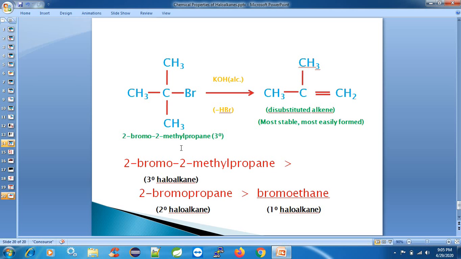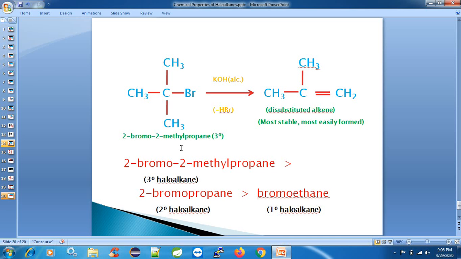So from this it is clear that the rate of dehydrohalogenation of different haloalkanes follows the order: tertiary haloalkane forms the alkene at a faster rate in comparison to secondary, and secondary haloalkane forms the alkene at a faster rate in comparison to primary haloalkane or primary alkyl halide.